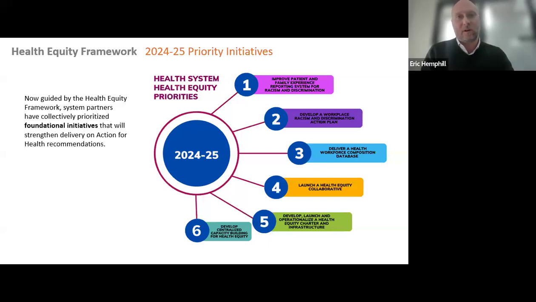Second, and flipping it to more of the sort of internal focus, is the fact that folks who work within our system who identify as part of underserved or underrepresented communities don't feel like they have a safe and effective mechanism to report internal racism, discrimination that they experience.